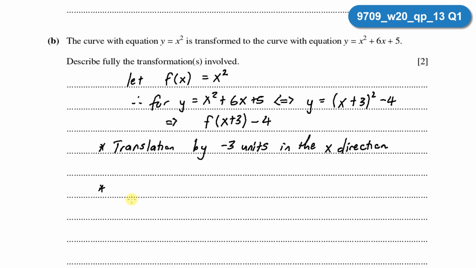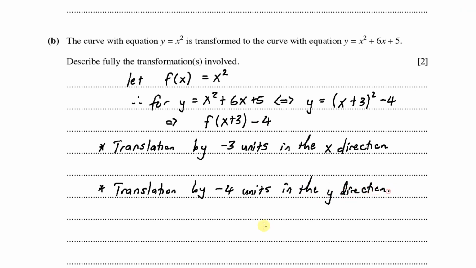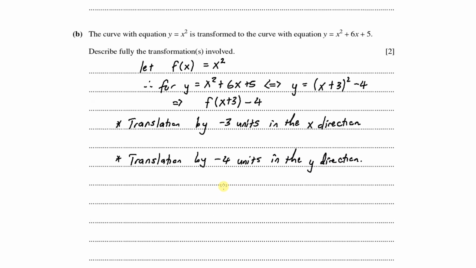And the second transformation, represented by minus 4 here, is again a translation by minus 4 units in the negative y direction. So this is what we get.